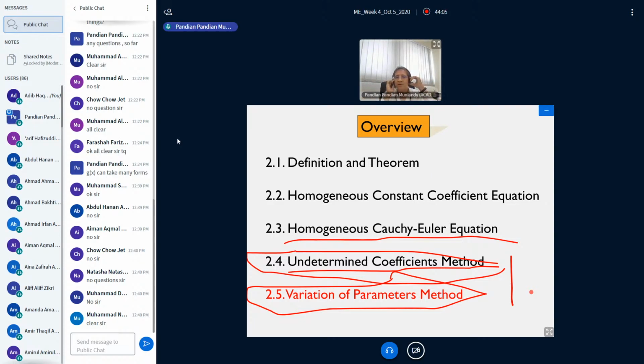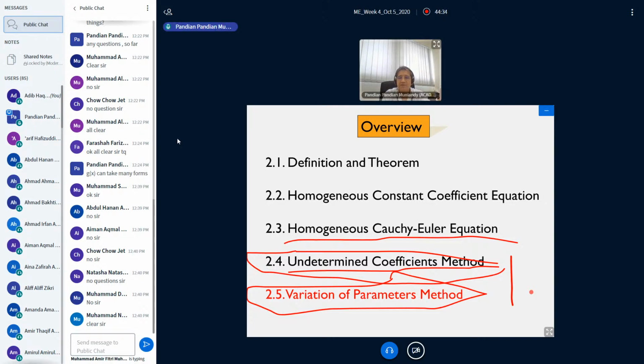Once you create the Y_P from the G(x), then you find all the constants. That's why we call it undetermined coefficient method. The constants A, B, C are the undetermined coefficients. Once you found that, you have completed Y_P. Then you combine with Y_C, you get your Y.